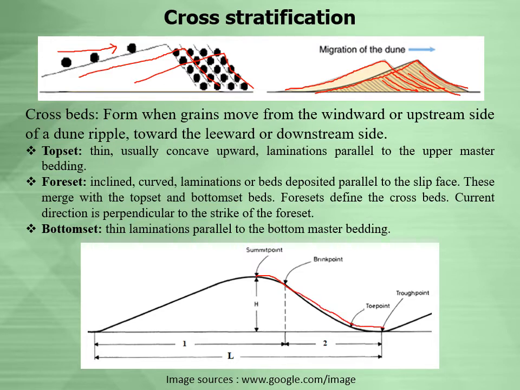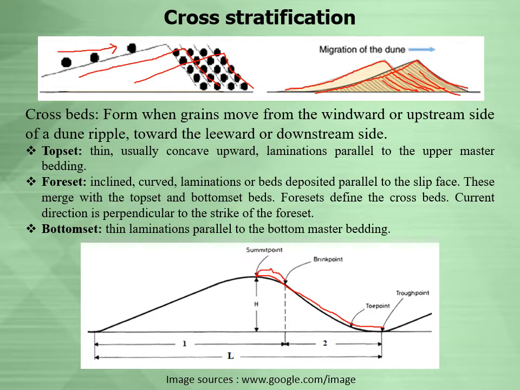This part is only preserved. Now this entire part has three areas divided by some points. Firstly, the topmost part of the lee side is from the summit point to the brink point.